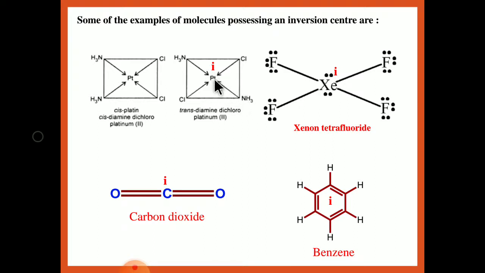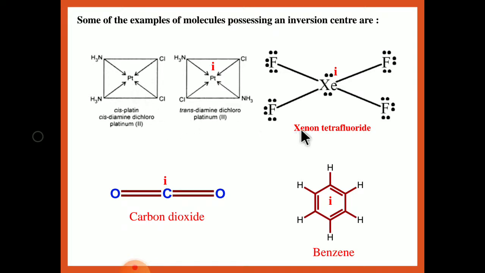Platinum is situated at the center of this molecule. Therefore, i, that is the inversion center, is present in trans diamminedichloroplatinum(II). But the center of inversion is absent in cis diamminedichloroplatinum(II).